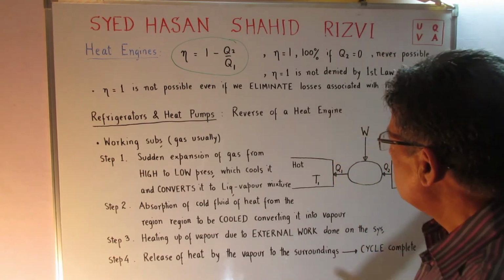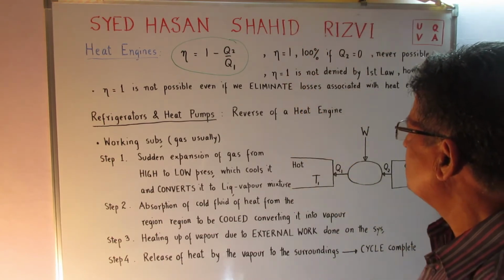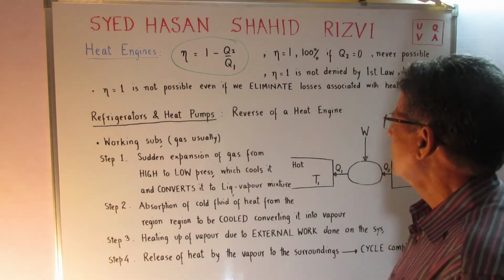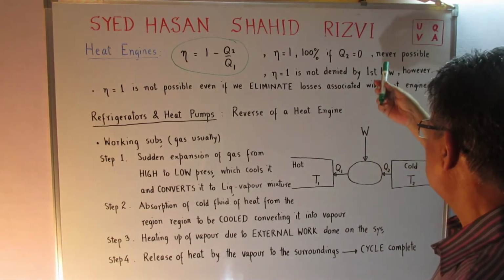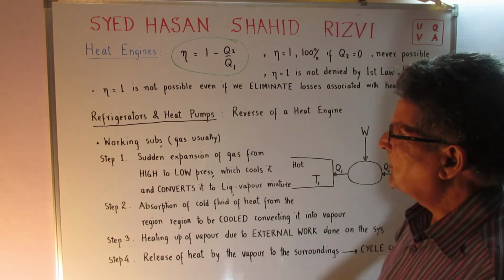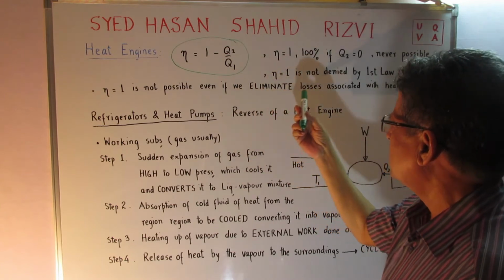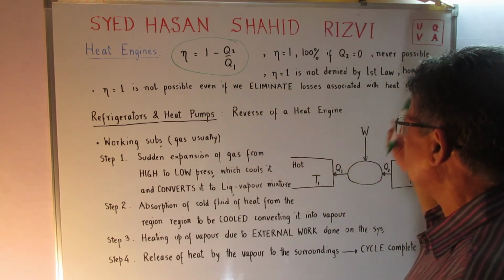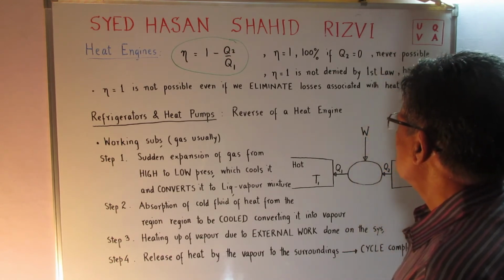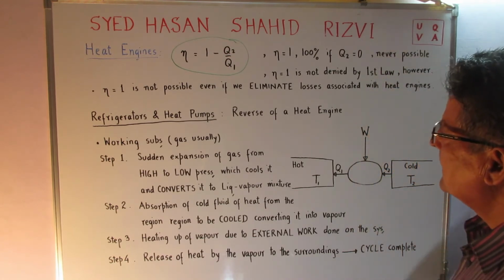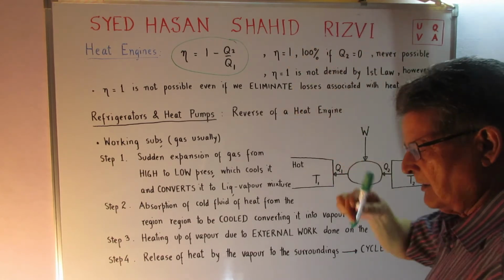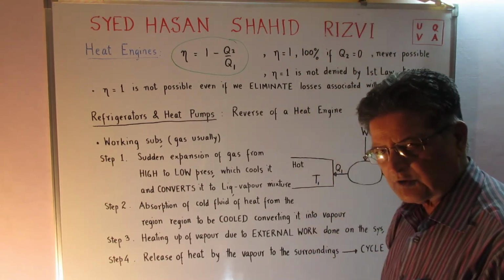Now eta will be 1, that is 100%, if Q2 is equal to 0, which is not ever possible. Not possible even if we eliminate losses associated with the heat engines. However, eta equal to 1 is not denied by the first law, which is basically the law of conservation of energy.